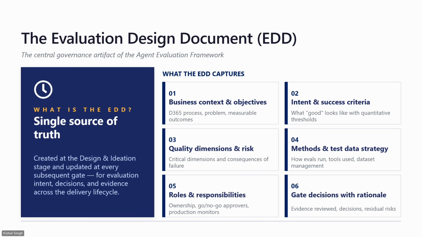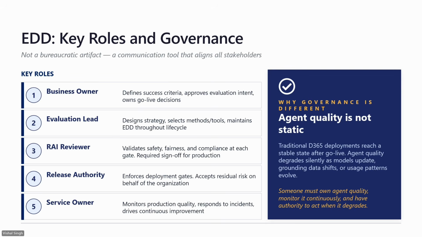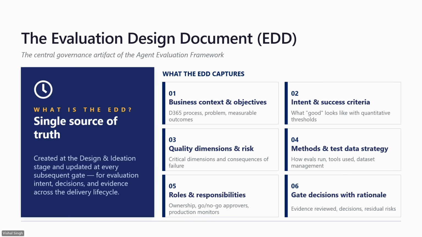One, the business context and objective: what the D365 process is, what problems, what outcomes. Two, evaluation intent and success criteria: what good looks like, with quantitative thresholds where possible. Three, quality dimensions and risk: which of the 5 dimensions matters most for this agent and what happens if it fails.